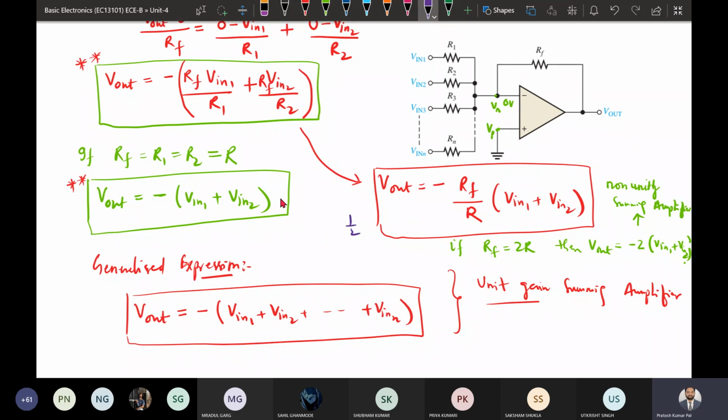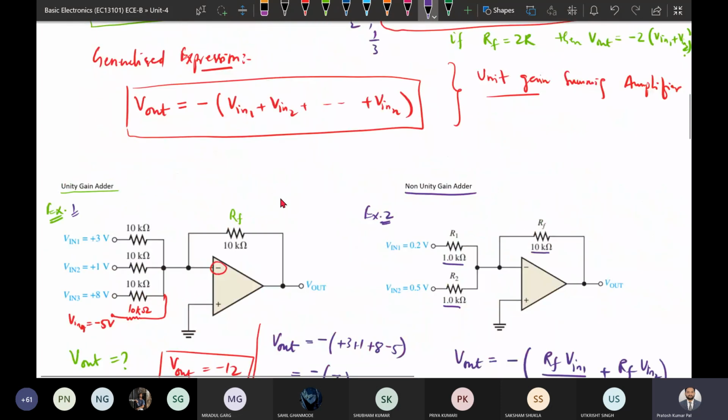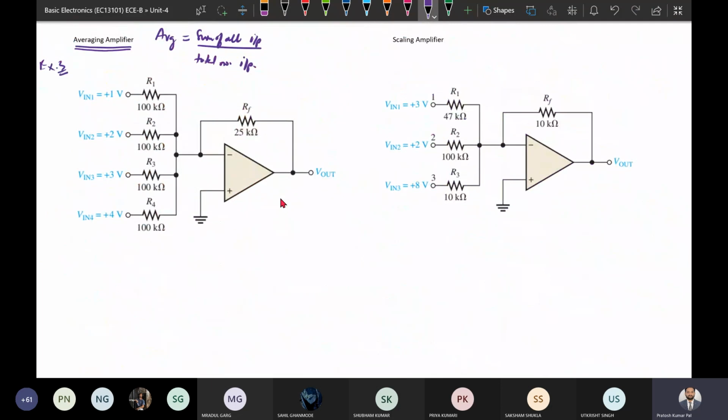If there are 3 inputs, RF by R should be 1 by 3, then the output will become an average. Similarly here, there are 4 inputs, so the R's should be equal, and RF by R should be equal to 1 by 4, then we will be able to implement the averaging concept. We will be having the average.